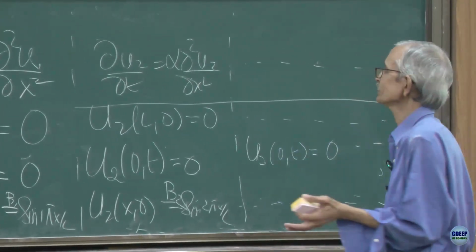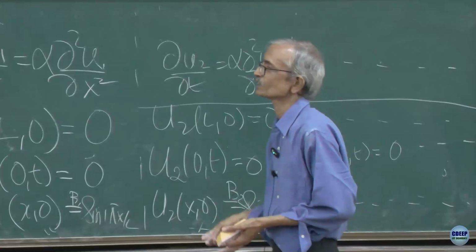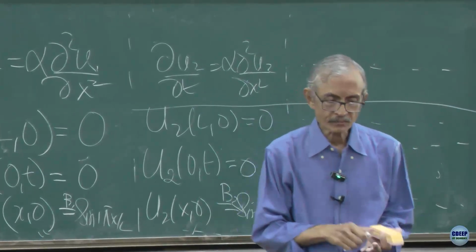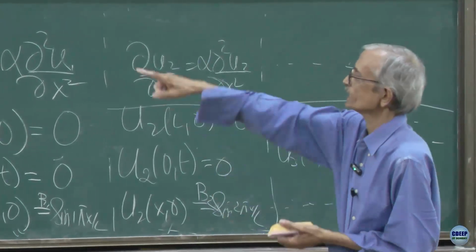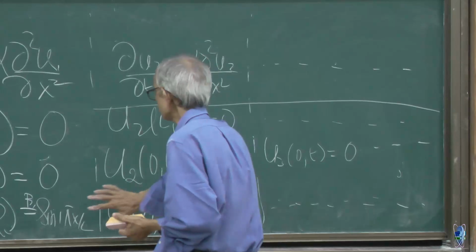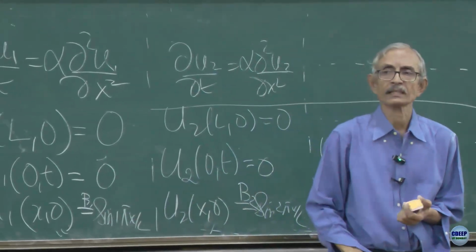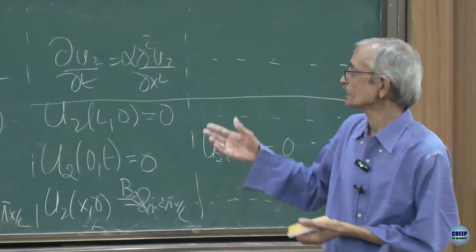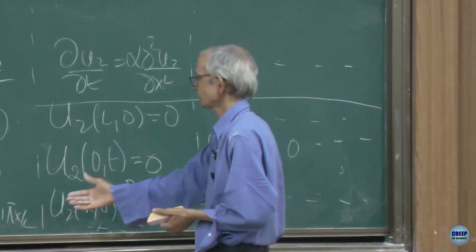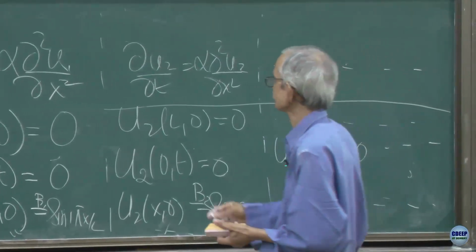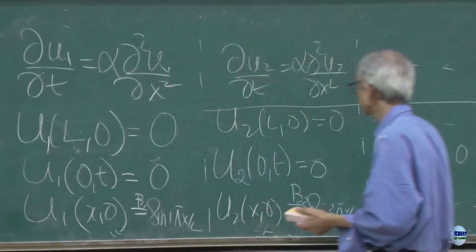Now do we know the solution for the original equation? Remember we started with this here. We said if p of x is something like sine n pi x by L, I have my solution. And indeed we have made it so. So if my p of x has now been broken up into all of this.